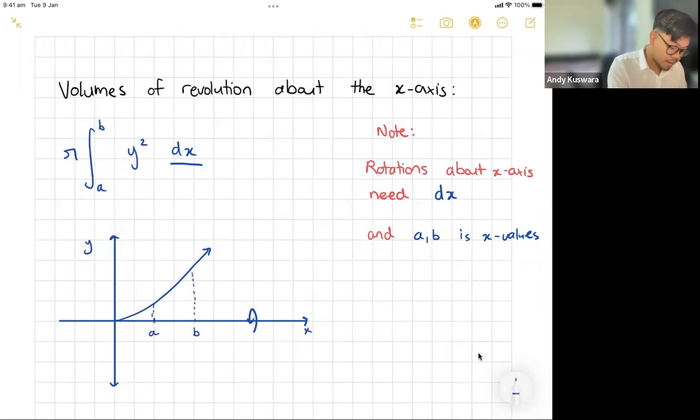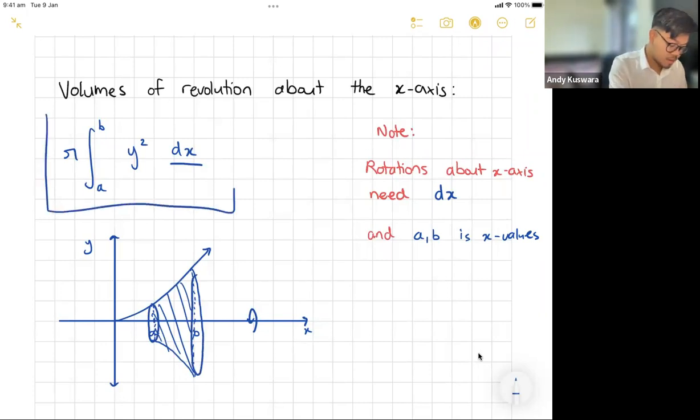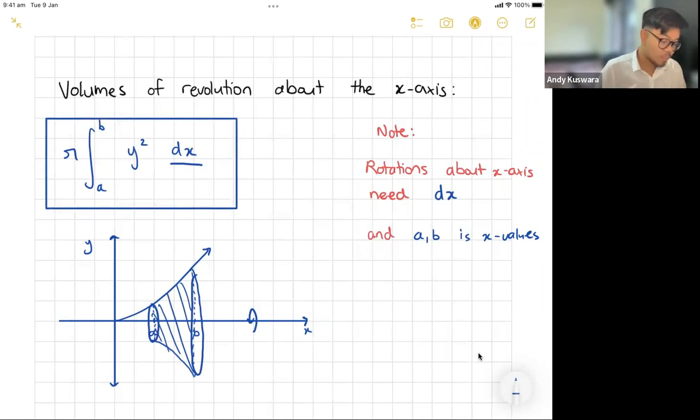And I'm rotating around this way, so it's going to end up kind of looking like this, right? Rotating around this way. Okay, it's going to create some sort of dish looking shape. Yep. So that's what the rotation around the x-axis will be. And this here is your formula.